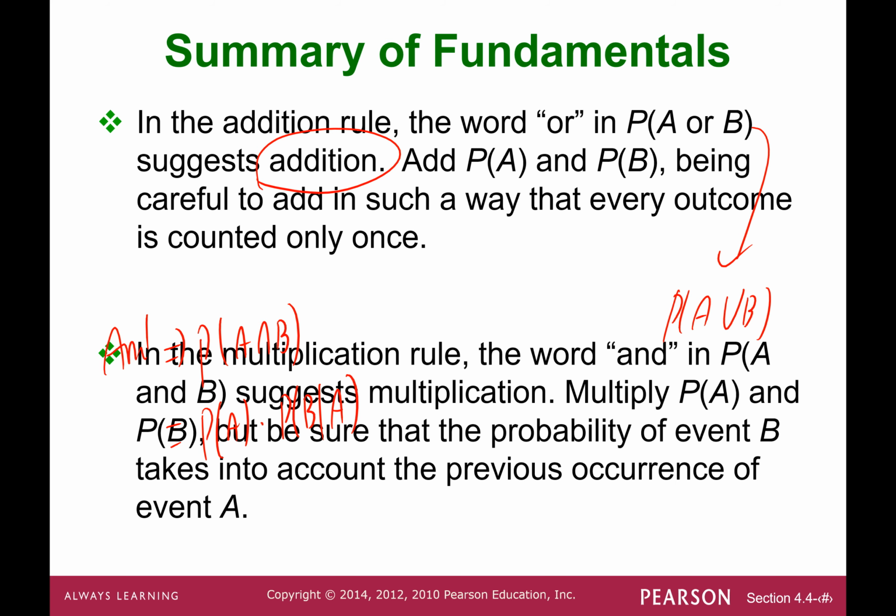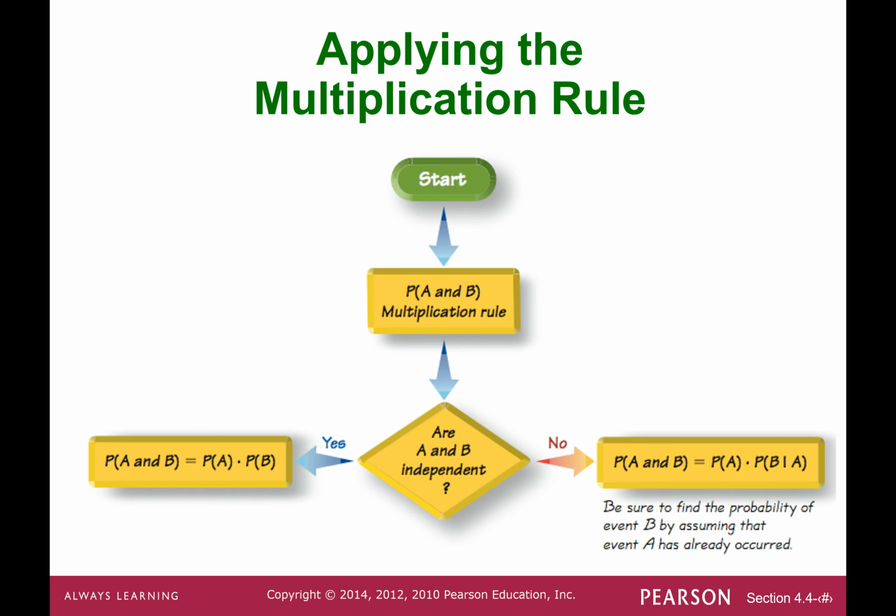In the multiplication rule, the word AND suggests multiplication. Make sure that the probability of event B takes into account the previous occurrence of event A. So when you apply the multiplication rule, be sure to check the independence, whether they are independent or not.